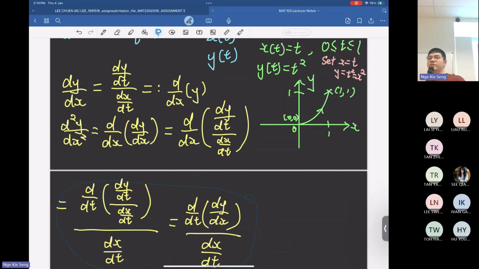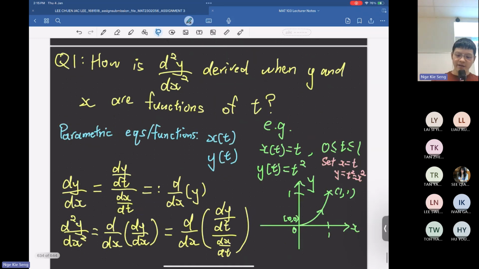So dy/dx means what? You differentiate y with respect to x. So meaning y has a variable x inside. Now you want to differentiate with respect to t again. So this means I need to express my x in terms of t. Can you do that or not? I can, right?